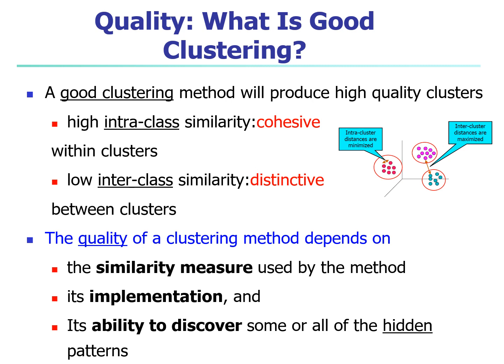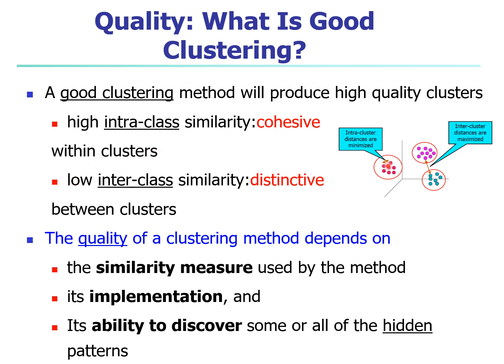Quality. When we talk about the quality of a clustering function, we are considering that a good clustering method should produce high quality clusters, meaning that the clusters will have high intra-class similarity, which is called cohesive.